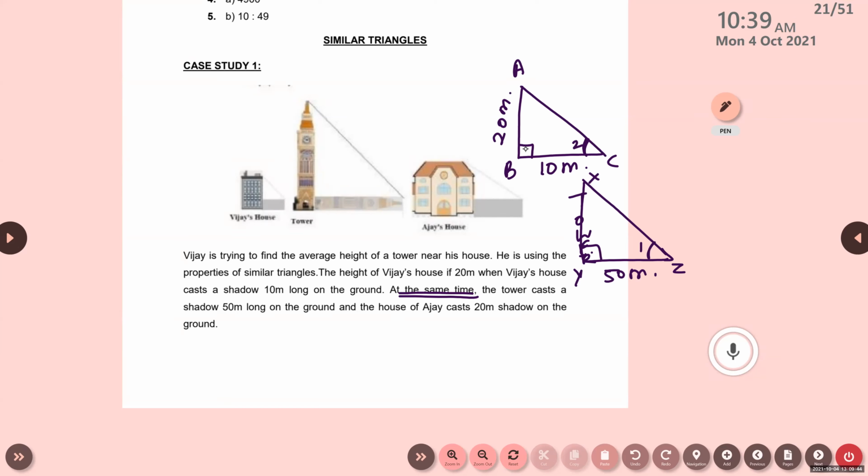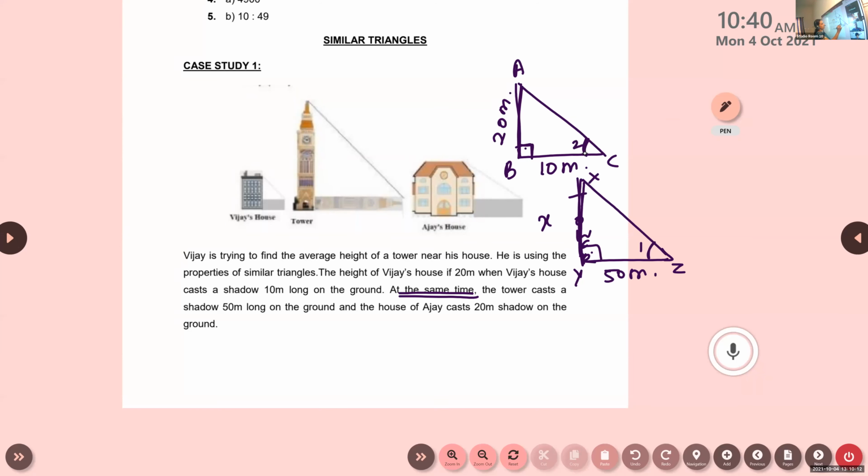Yes, Emil? Is it SAS? Here, only this side is given. This side we don't know. We want to find. Suppose this is X. Is it ASA?